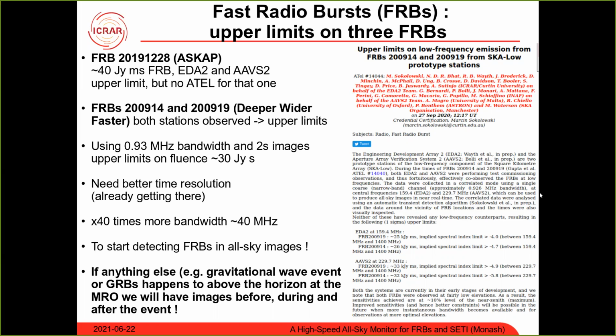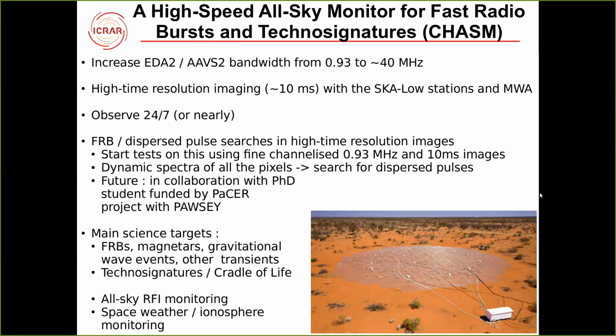And especially if we upgrade the system and have a wider bandwidth of the order of 40 megahertz, so 40 times more than now, and we go to higher time resolution imaging, we should be able to detect FRBs, and we will try to detect these FRBs ourselves. Yeah, so that's why we want to develop this High Speed All-Sky Monitor for fast radio bursts and Technosignatures, which we named Chase them.